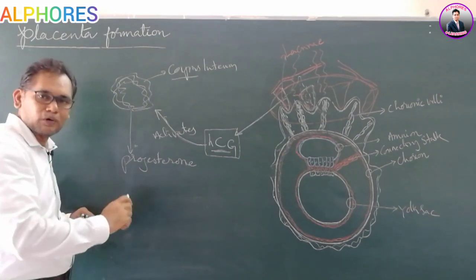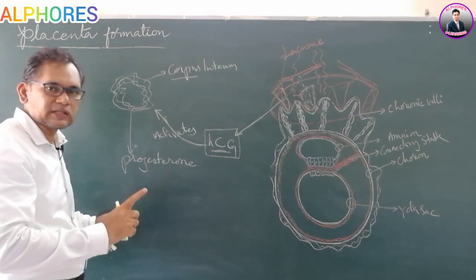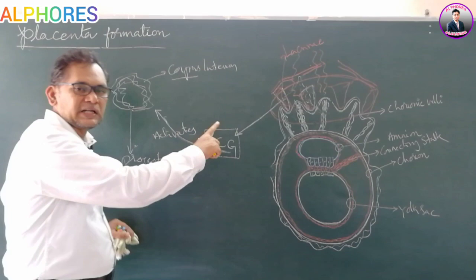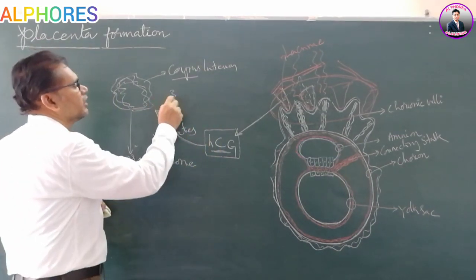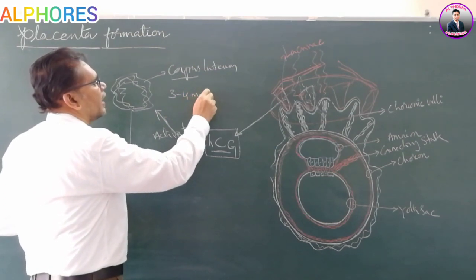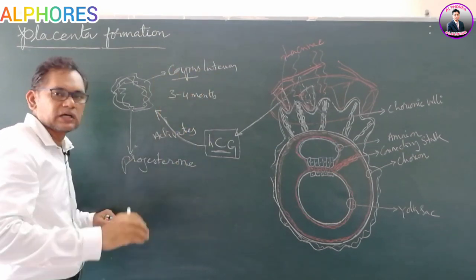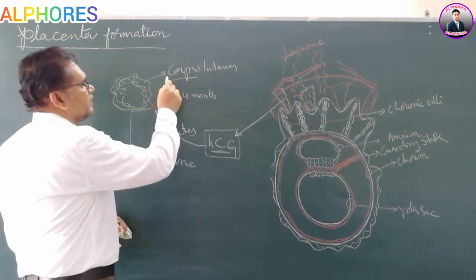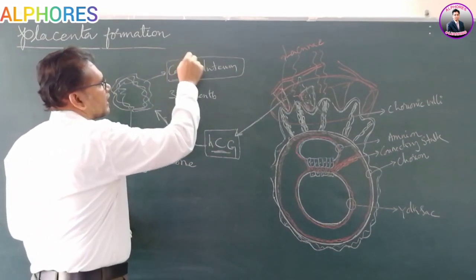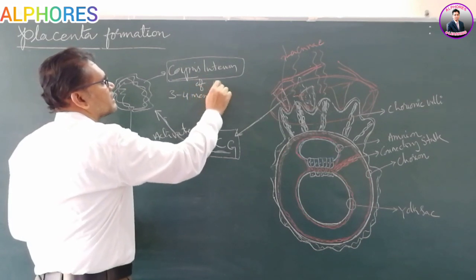Now, this is the hormone which is useful for maintaining the uterine endometrium for the 3 to 4 months, and this corpus luteum is called the corpus luteum of pregnancy.